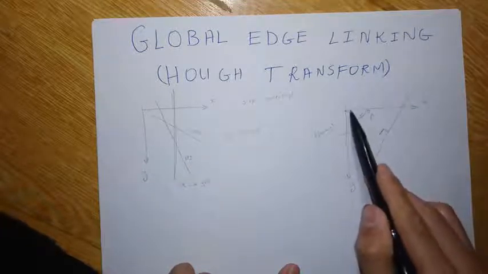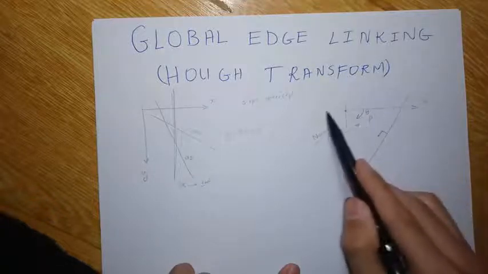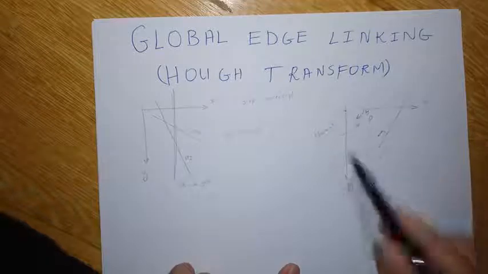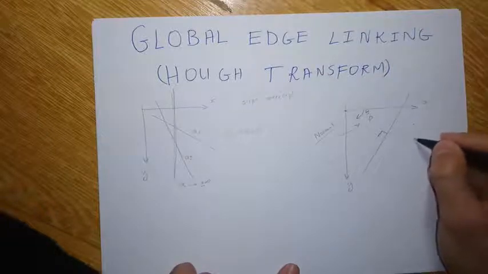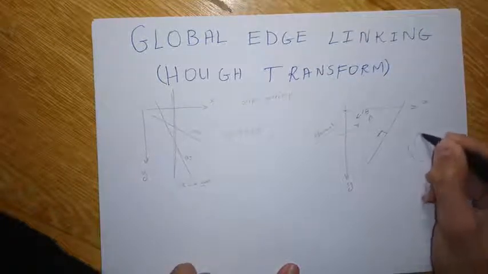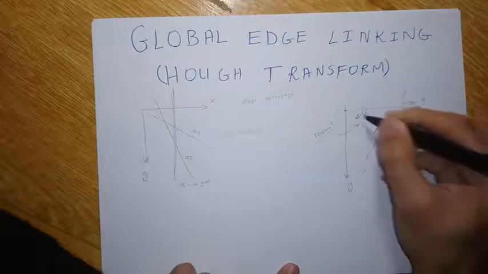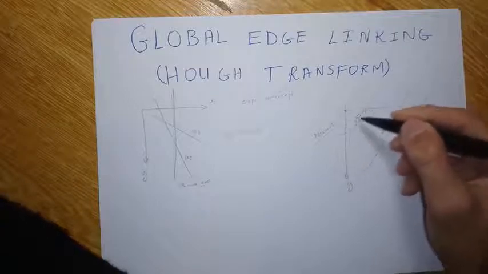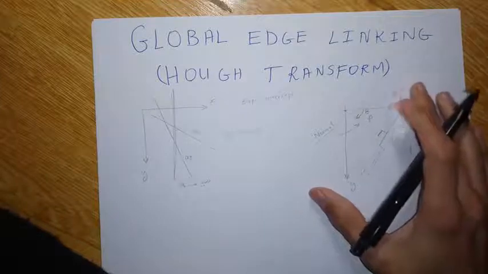We always start this theta from the x-axis to the normal. Now we have to fix, of course, a direction for theta where it is positive. So theta is positive in this direction. Therefore, I would get an angle that is positive. So that's the new representation.